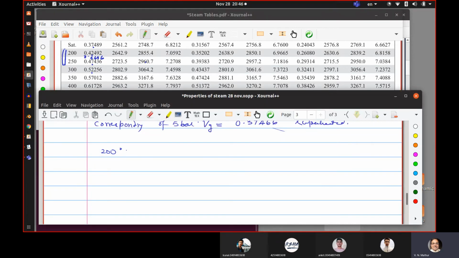So at 200 degrees centigrade, the volume is 0.42492 meter cube per kg, and at 250 degrees centigrade, the volume is 0.47436 meter cube per kg.